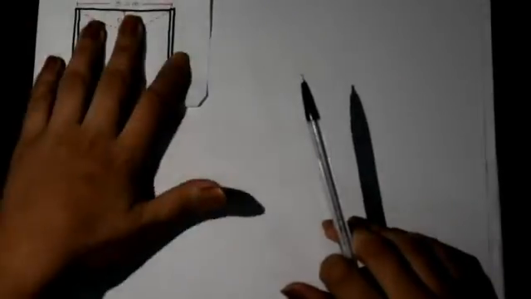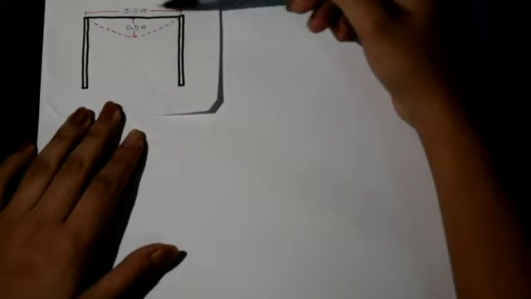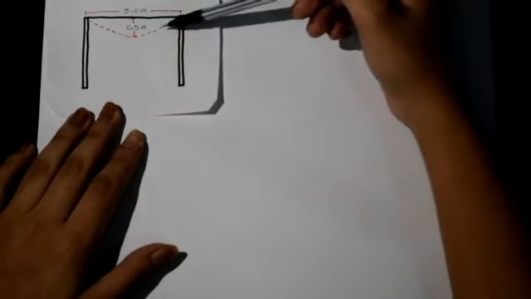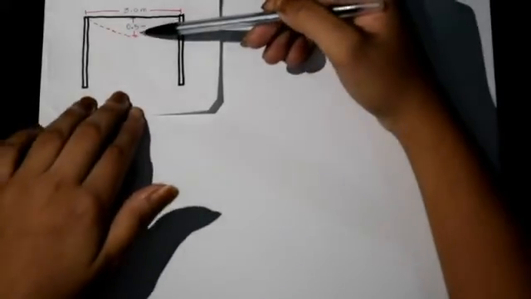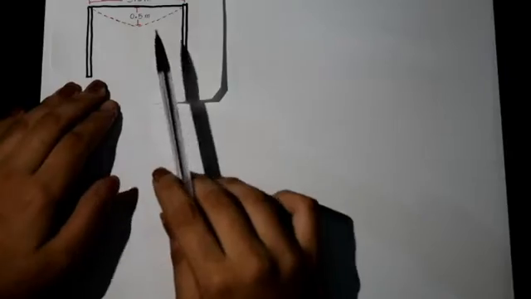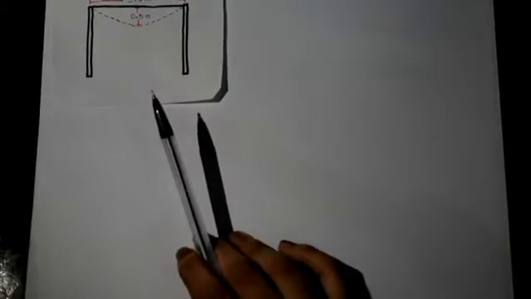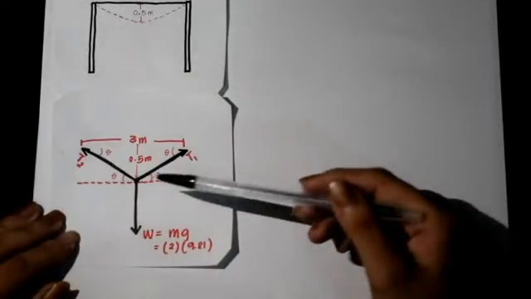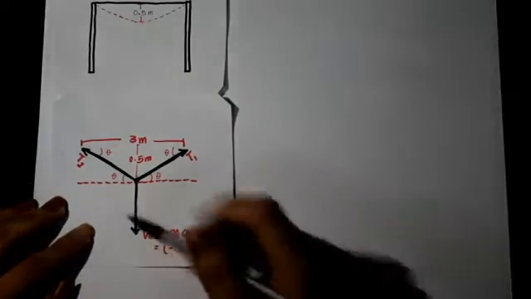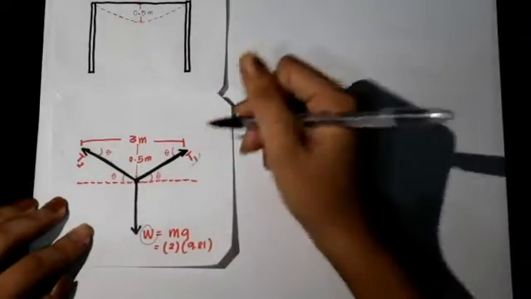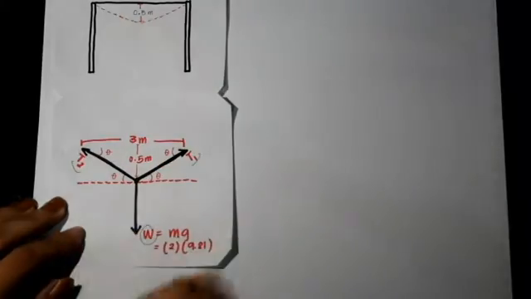First, we have to draw the problem. As you can see, the clothesline is 3 meters, and after hanging the pair of jeans, it sagged in 0.5 meters. For us to solve the problem, we have to draw the free body diagram. The forces acting on it are the weight and the tension, T1 and T2.